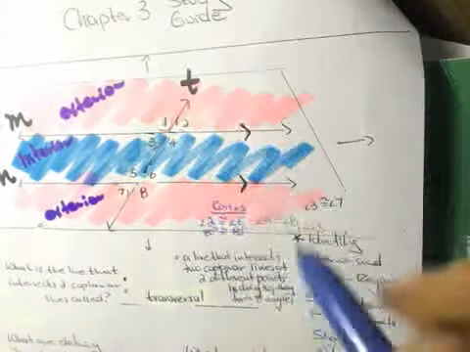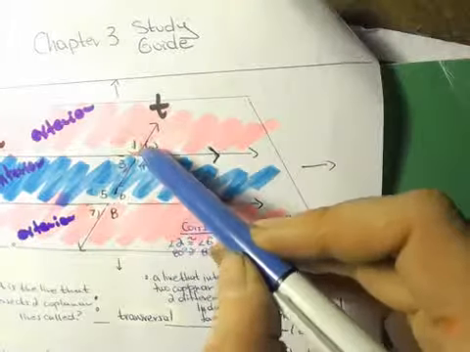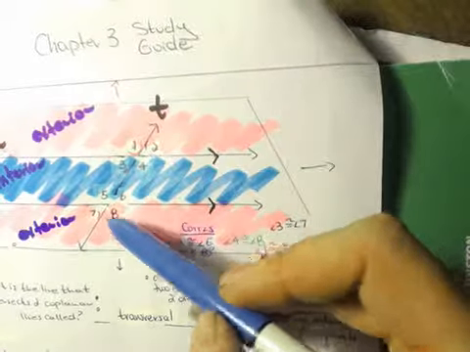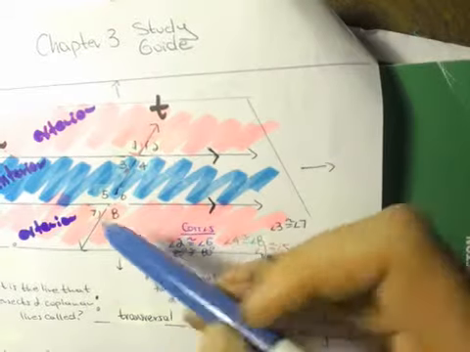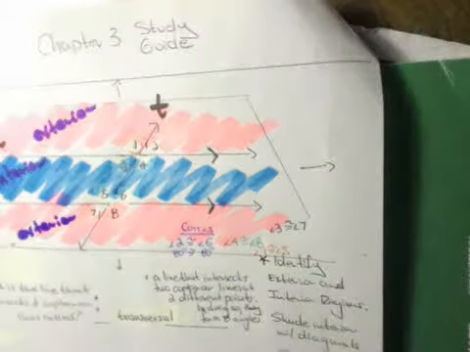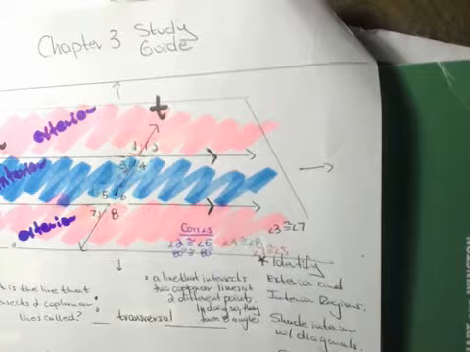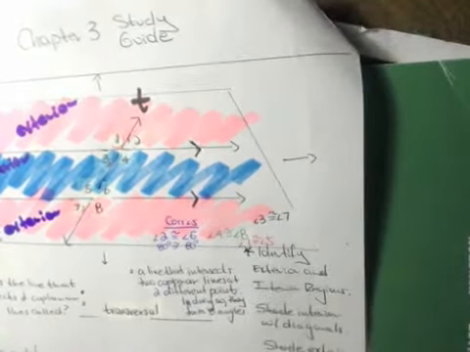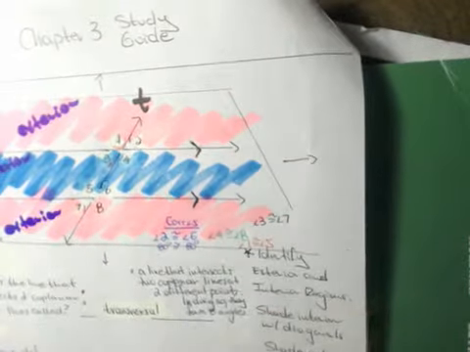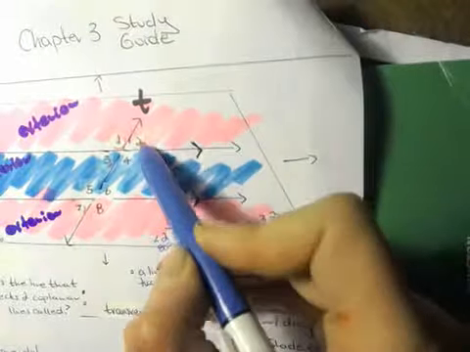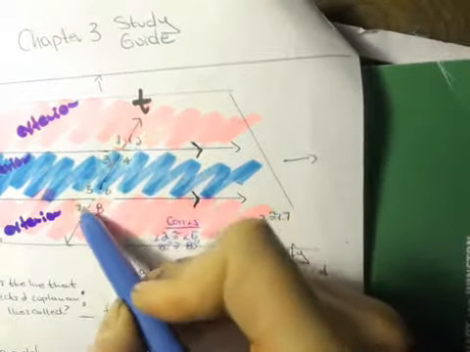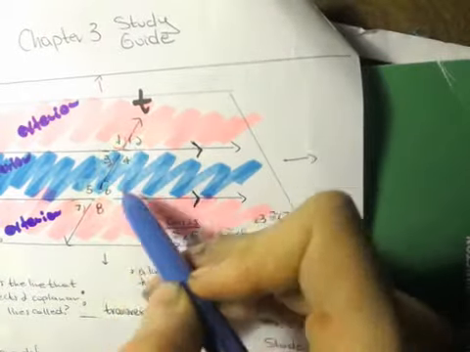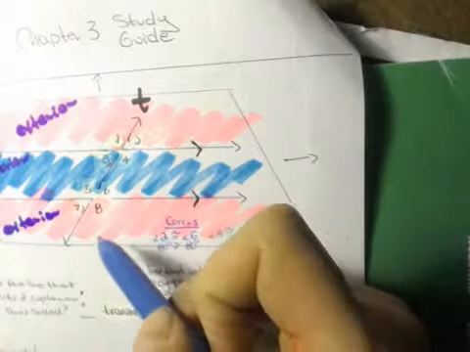So angle 1 is the alternate exterior angle of 8. Angle 2 is the alternate exterior angle of 7. Once again, when you have parallel lines, these angle relationships are going to be equal in angle measure. Angle 2 is equal to 7. Angle 1 is equal to angle 8.